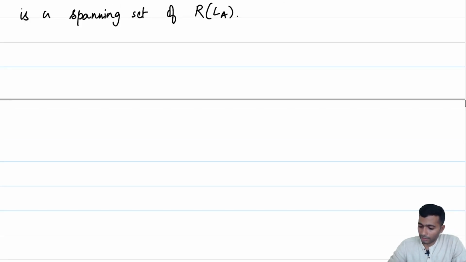So, given a matrix A, without referring to the linear transformation corresponding to A, we will be able to say that the rank of matrix A is obtained by looking at the column space of this matrix in Rm and looking at its dimension, right.